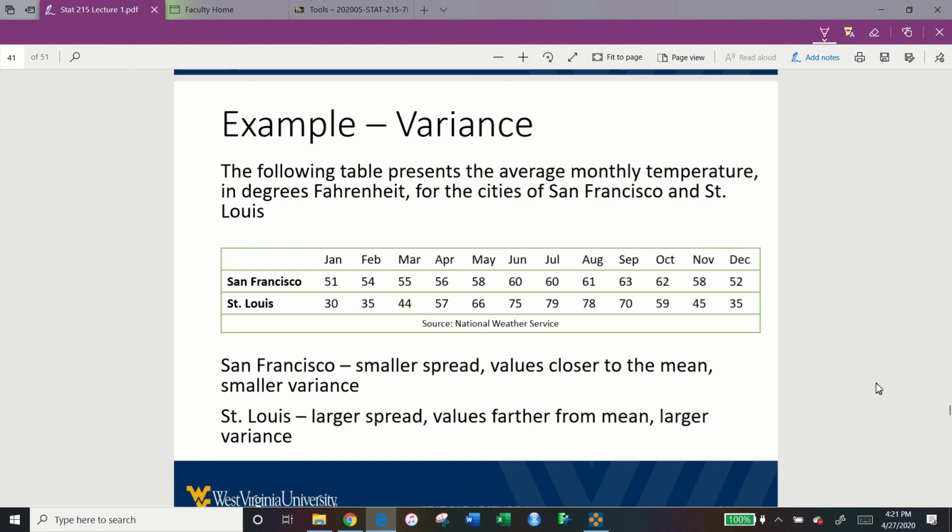So that's going to tell us that San Francisco has a smaller spread. The values are going to be closer to the mean. We are going to have a smaller variance. St. Louis is going to have a larger spread, values that are further from the mean and a larger variance.